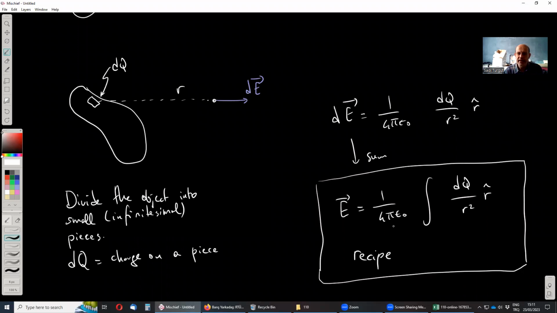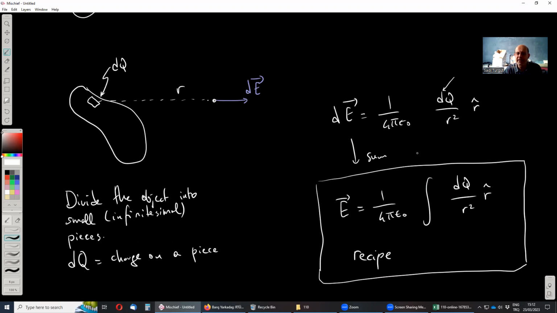It doesn't mean that, for example, there's a variable q and this dq is the differential of that variable. No, that's not the case, and similarly for this dE here. That d in dq is just a reminder that the charge on the piece is an infinitesimal quantity, and we have to take a limit where this thing goes to 0.